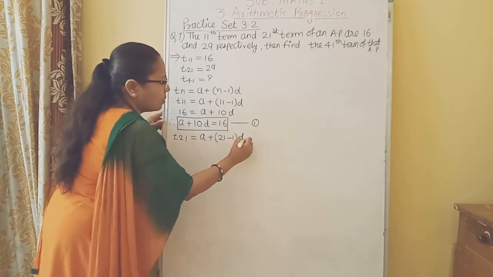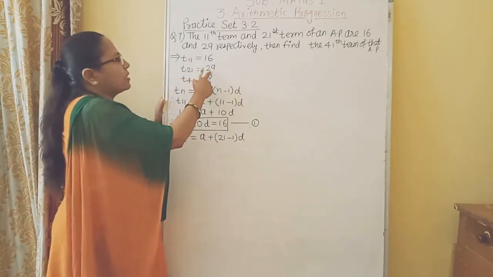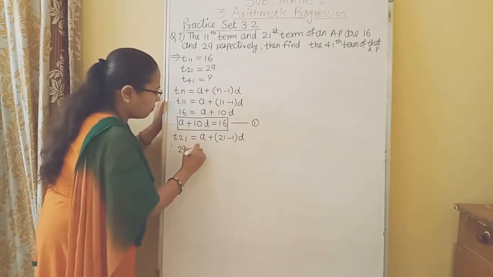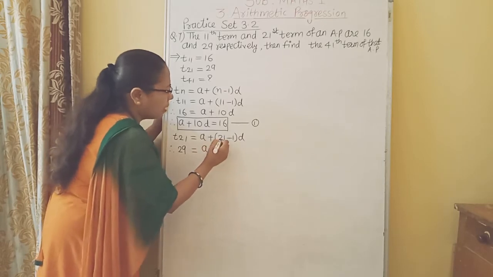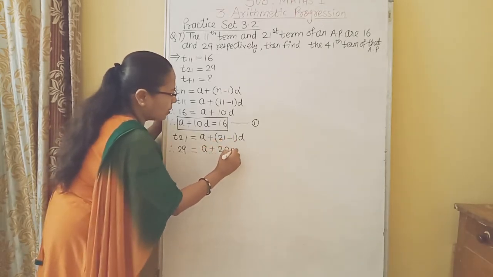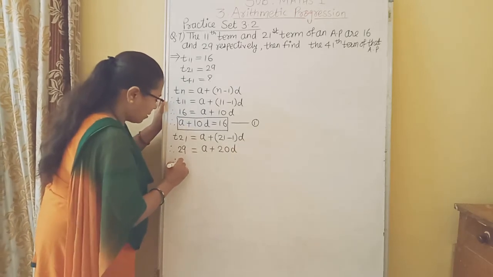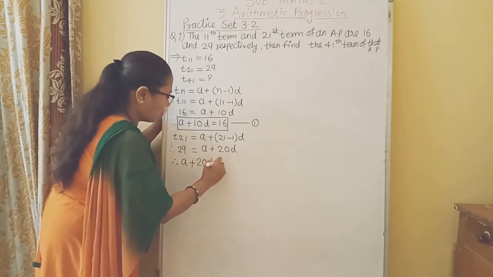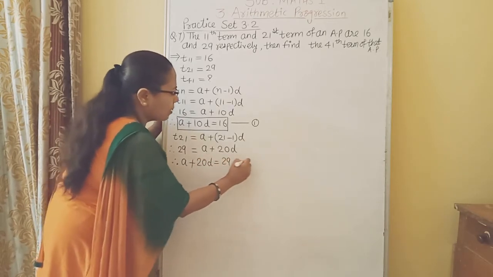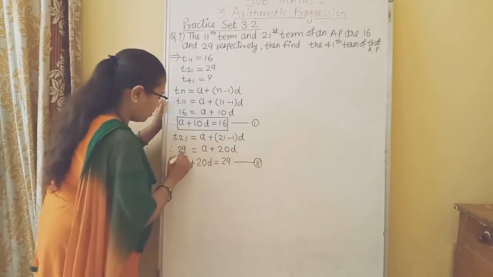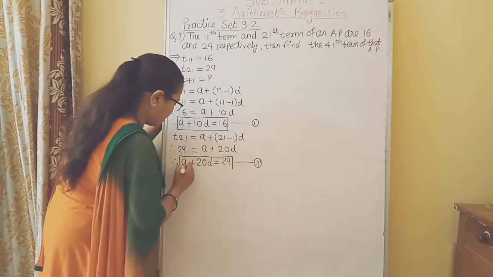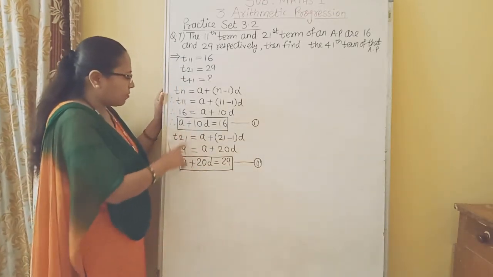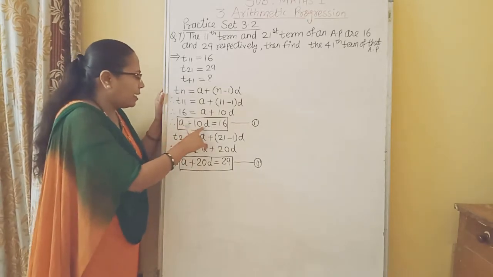Now T21 is given as 29, so 29 equal to A plus 20D. Writing the equation properly: A plus 20D is equal to 29. This is our equation number 2. Follow? So here we got two simple linear equations in two variables A and D.